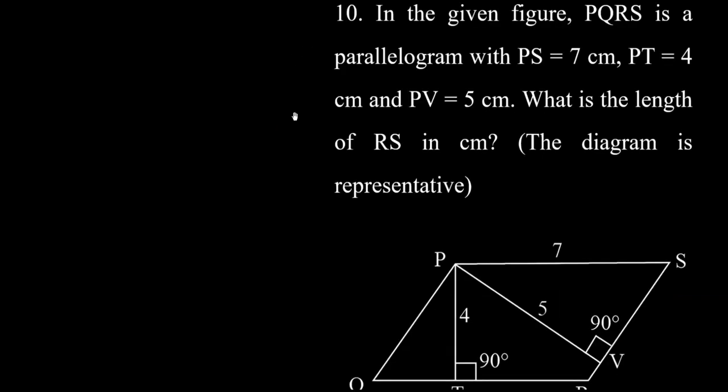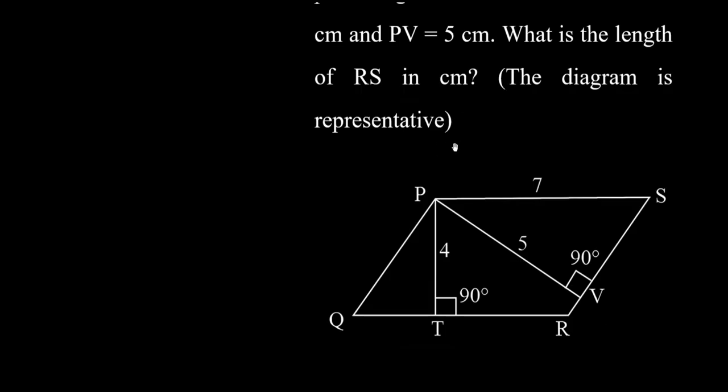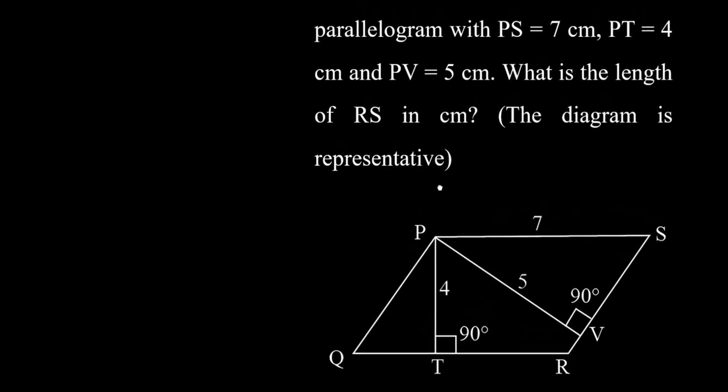Okay, let's say this question is regarding parallelograms, where you have to know the area. PS is 7, PT is 4, PV is 5. You have to calculate the length of RS. Now listen, if you just turn this, the parallelogram is base into height: base is QR, height is PT.